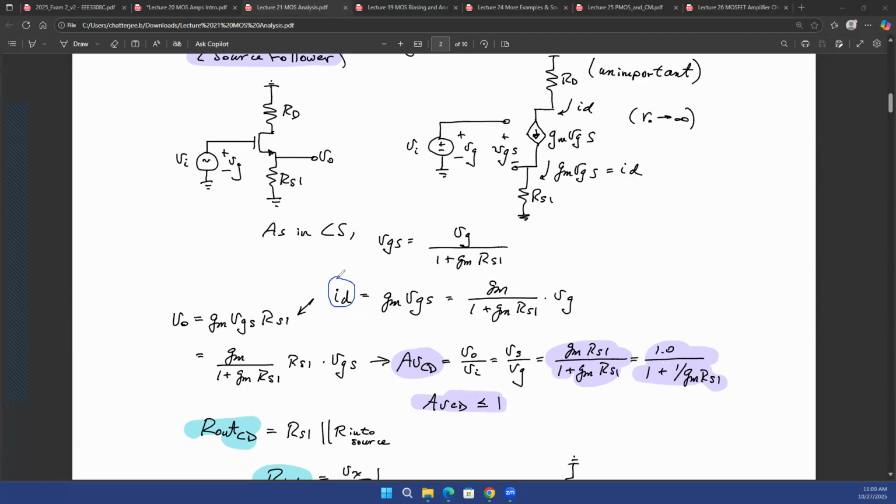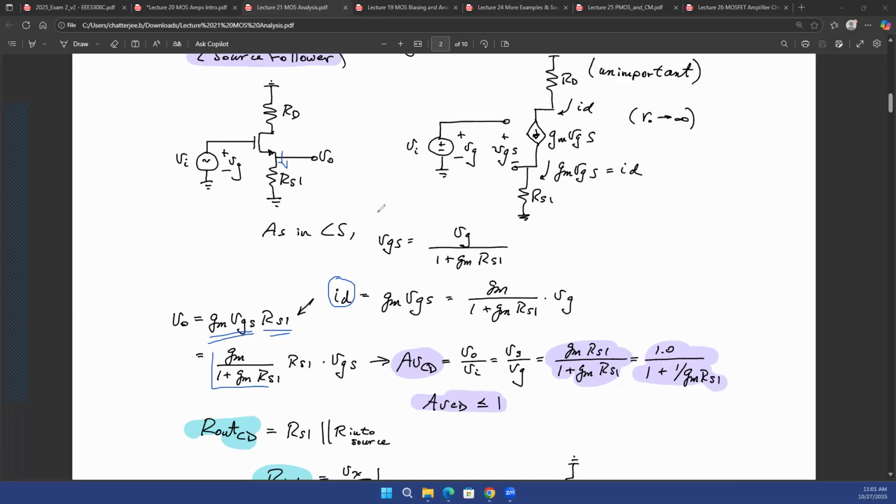So you already found out what is going to be your ID. Your V out is going to be GM times VGS, right? The current that is flowing out of that source terminal multiplied with that RS resistance. So you can write down your GM times VGS times that RS resistance, and you can simplify it.